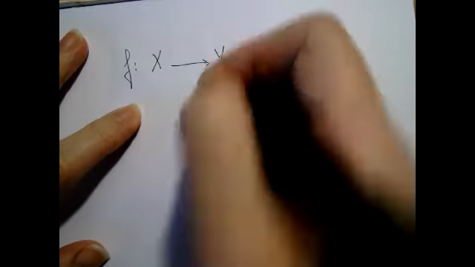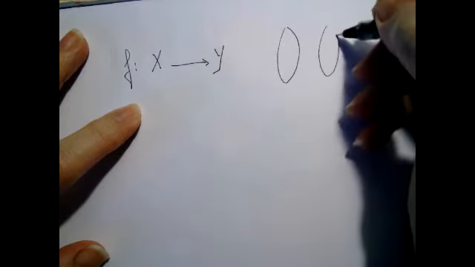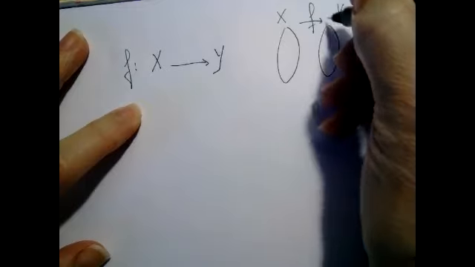Okay, so we're going to keep going with where we were last time. Let us remember the definition we had last time. Suppose you have a function f from X to Y. So this is my X and this is my Y, and this is a function f.